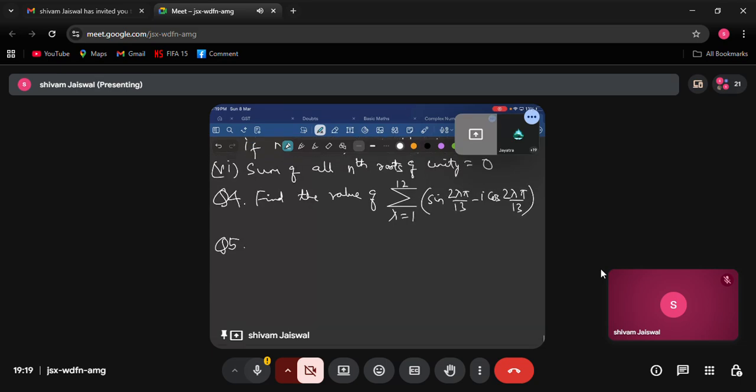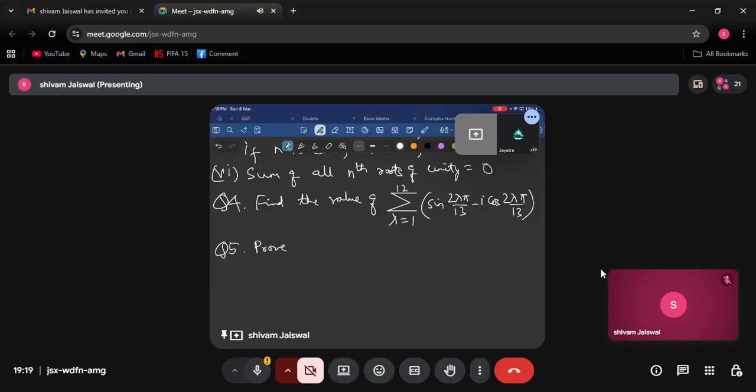Prove that all roots of the equation z plus 1 by z whole to the power n equals 1 are collinear.